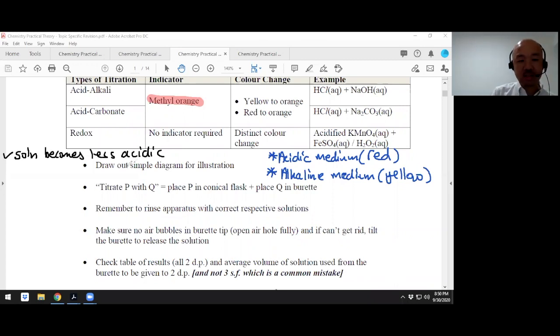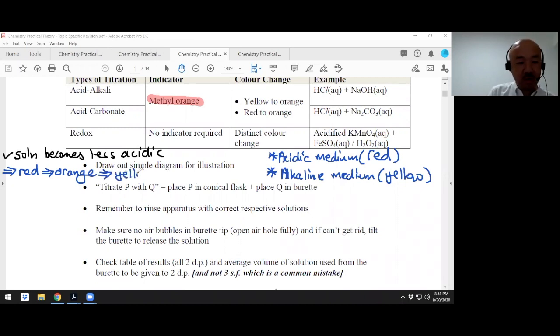What is the color change we observe for methyl orange itself? You'll see that it will change from red because it starts very acidic in the conical flask. It will go through the neutralization point, which is orange. And then when you have excess, you go to yellow.